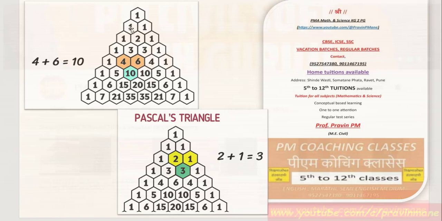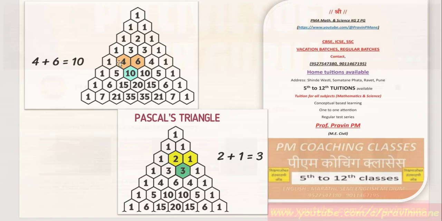So this number 1 is the sum of the two numbers exactly above it, but here no number is there, so if there is nothing, consider it as 0. So 1 plus 0, 1. So here 3, this 3 is the sum of the two numbers above it, one is 2, another is 1, so 3.